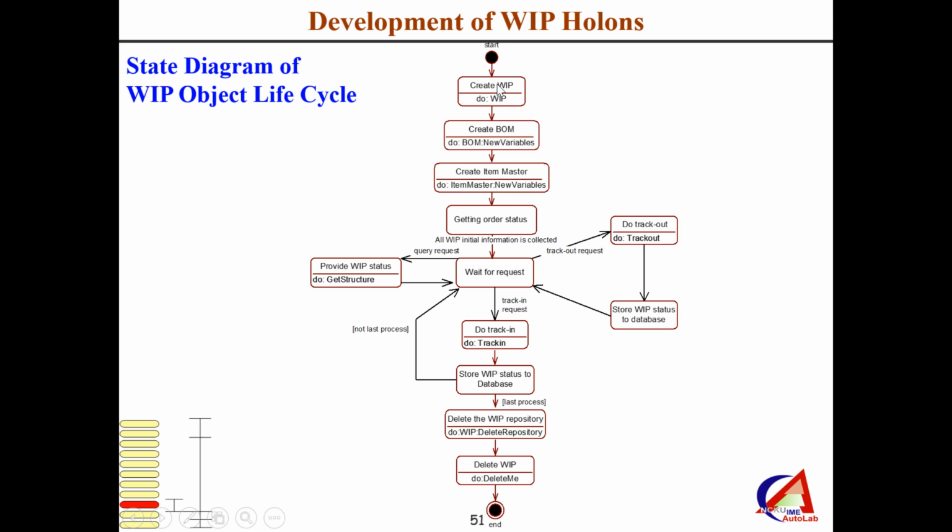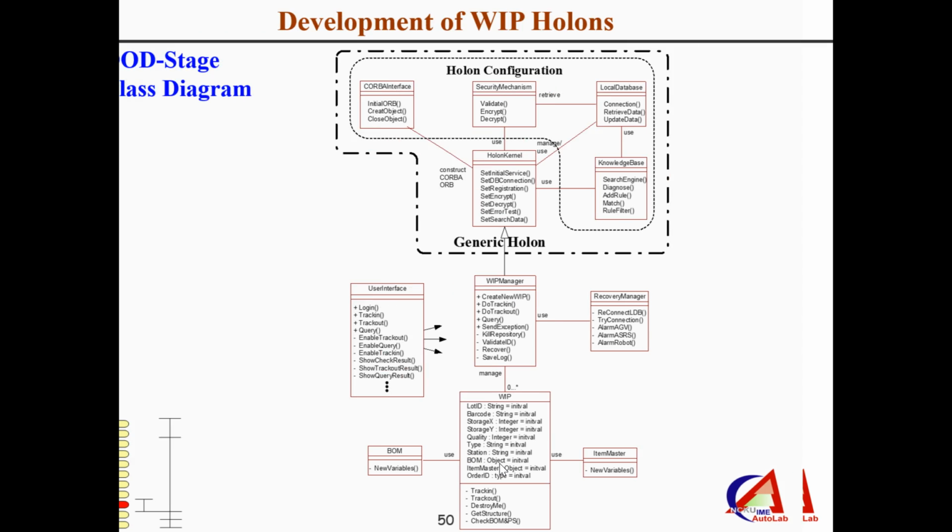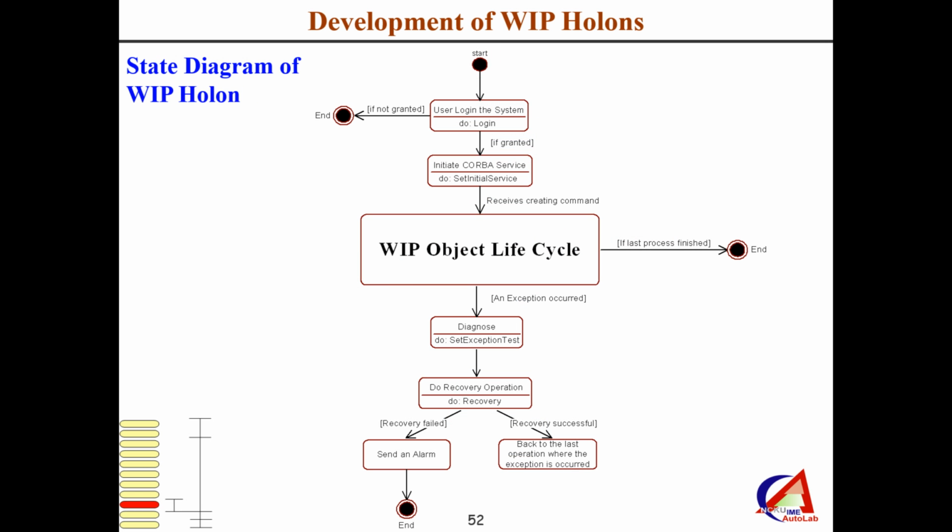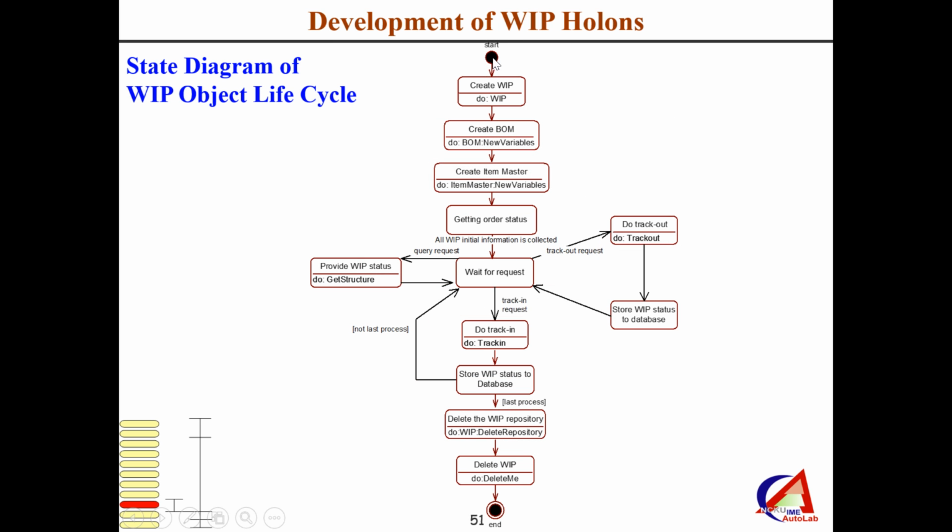So create whip, then delete whip. I'm sorry. After we have this one, then we will create a whip. Then after finishing it, we will delete the whip. This portion, because it is a very complicated diagram, I just use 2 diagrams to show it. But this portion is here.